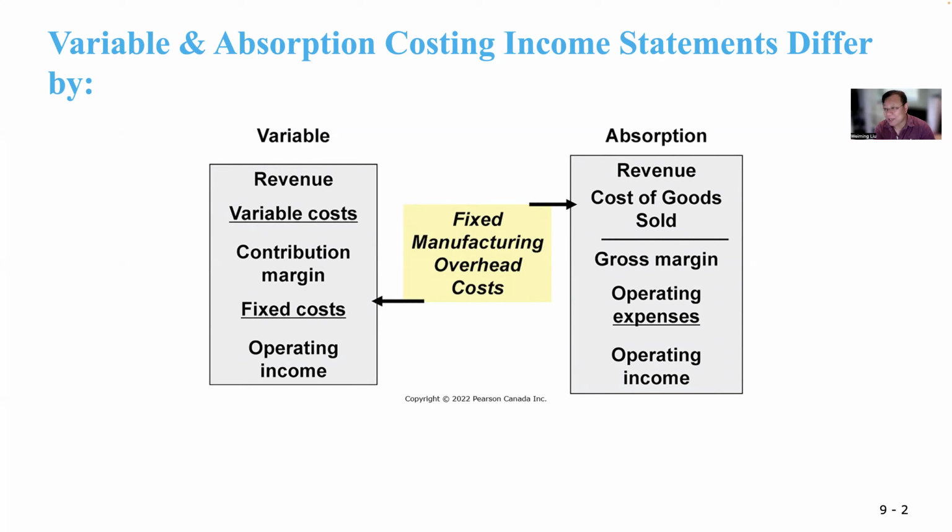They want to evaluate the company's financial situation based on the financial statement. So when you present this statement for external users, the stakeholders outside of your organization, you need to prepare your income statement using absorption costing.